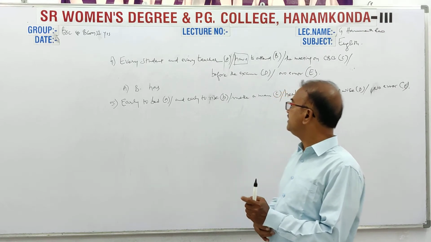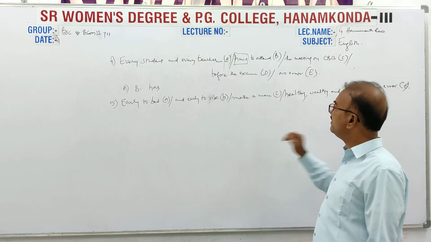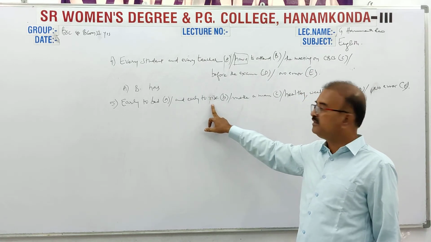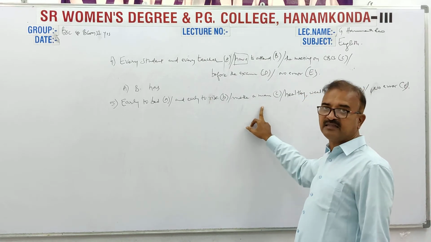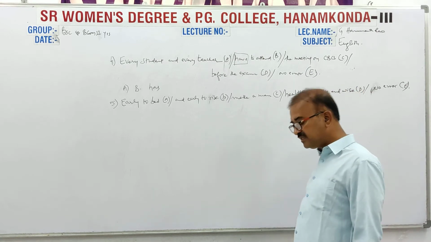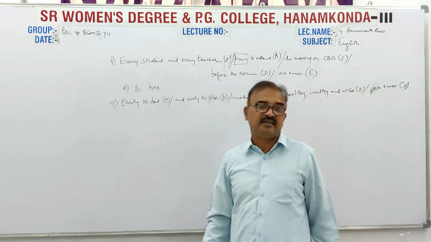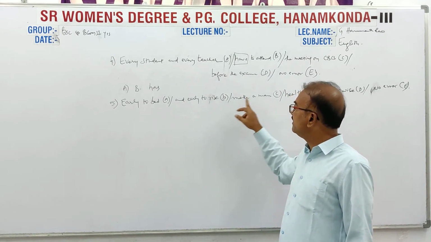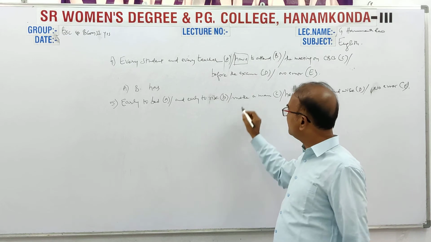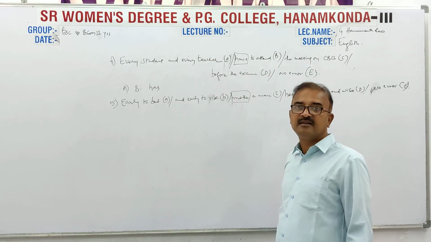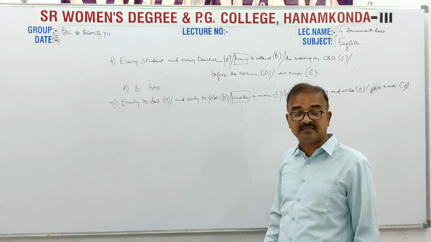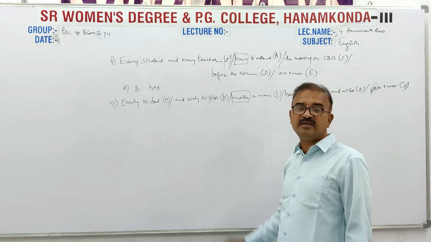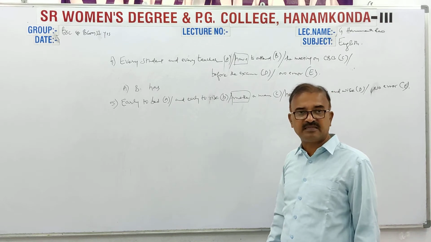Early to bed and early to rise make a man healthy, wealthy and wise. Now check this one. Early to bed is part A. Early to rise is part B. Make a man is part C. Healthy, wealthy and wise is part D. Here there is a mistake grammatically. Your make is the mistake. Here we are talking about a habit, and the verb used here should be given in simple present tense.